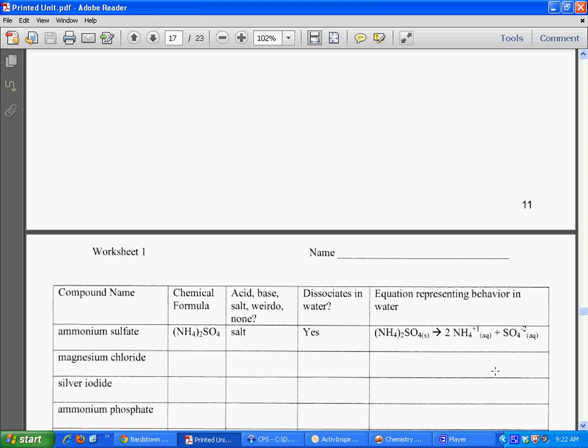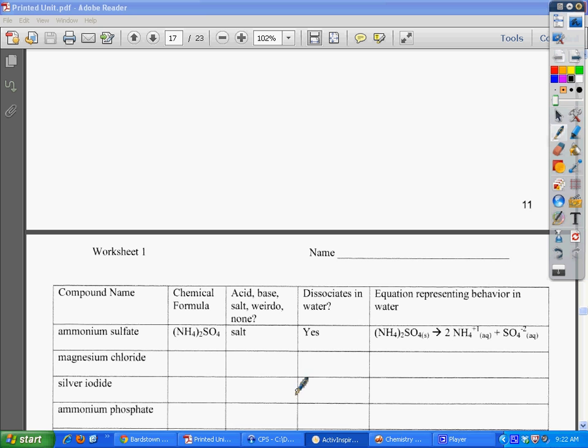So for magnesium chloride: acid, base, salt, weirdo, none. Salt. So you go to the bottom half of the page. You're going to start with solubility rules for aqueous salts, and you look at the compound that you're given. Magnesium chloride, MgCl2. You look at your very first rule because you have to apply these rules in order.